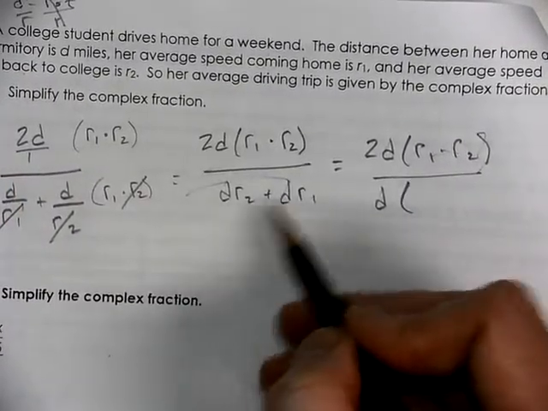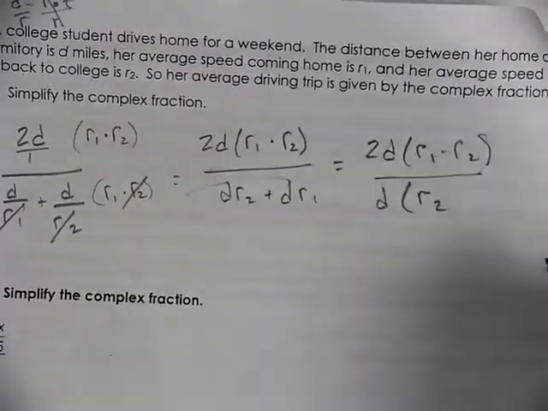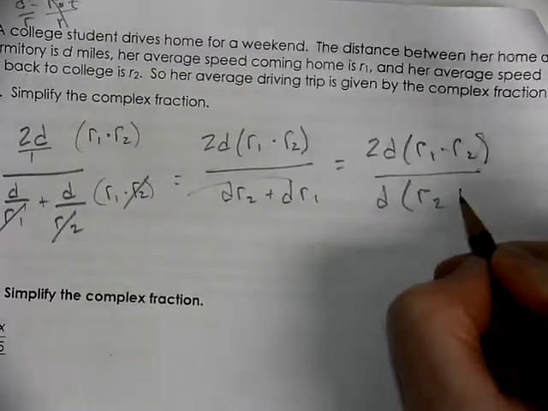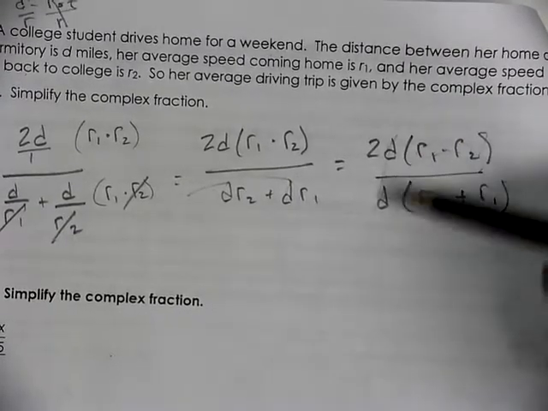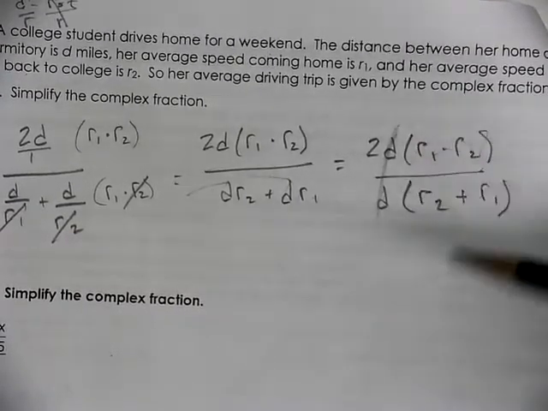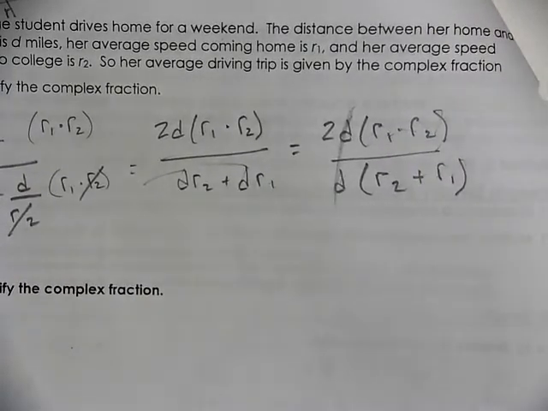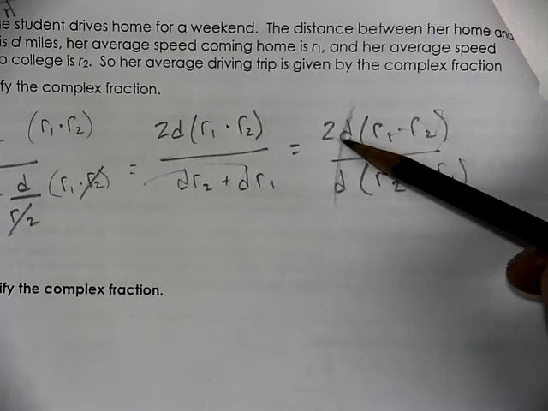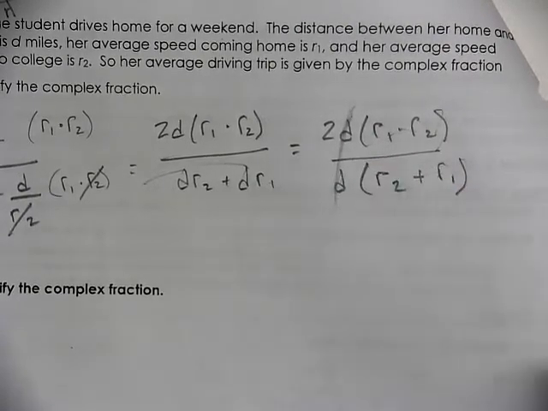And if we factor the d out, the GCF out, we're going to be left with r2 plus r1. And then those d's can be reduced, because those d's are not added to anything additional. Nothing that it's multiplying is being added to anything.